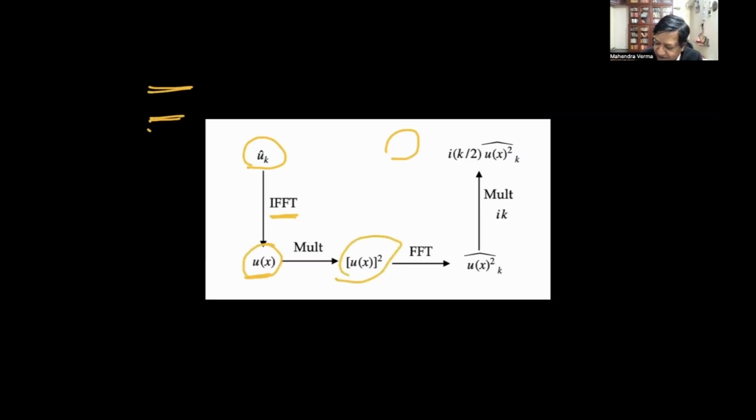So this is order n log n, and it gives you u(x) at every point. The multiplication at each point is order n. Then after that, I perform a forward FFT. That gives me u squared hat k, which is what I want, and this is n log n.